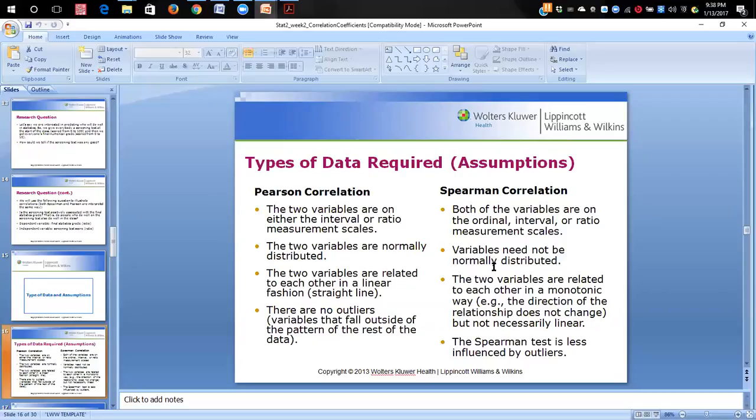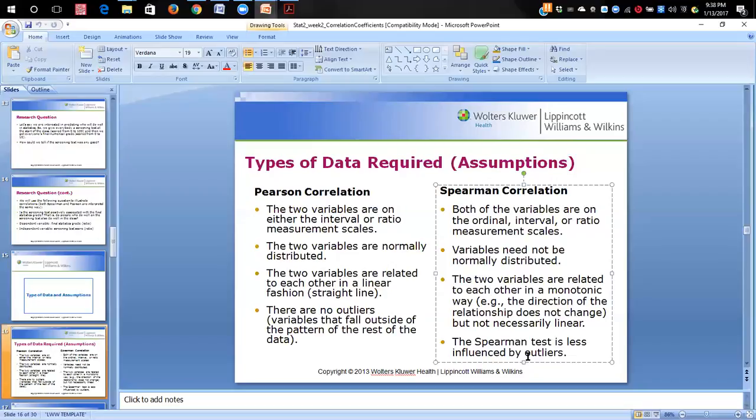Variables need not be normally distributed, and the two variables may be related to each other in a monotonic way, but not necessarily in a linear relationship.